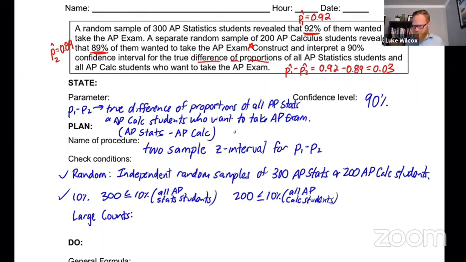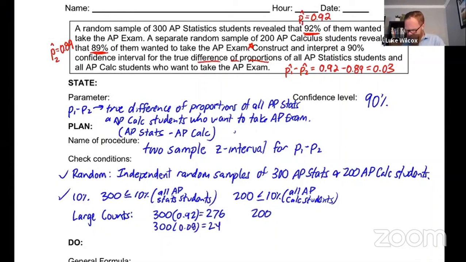Large counts condition: we already did the large counts for the AP Stat students. Remember, we got our counts as 276 successes and 24 failures. But now we need to check this also for the AP Calculus students.